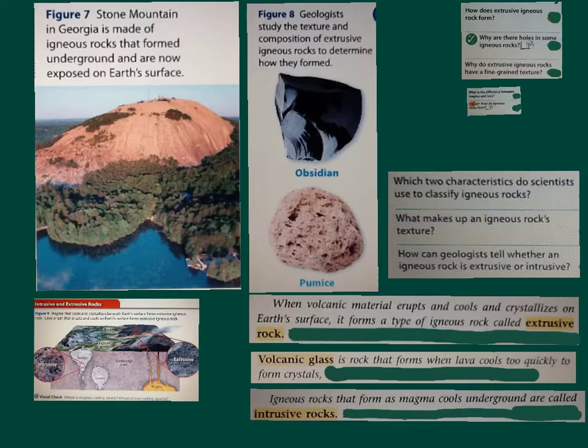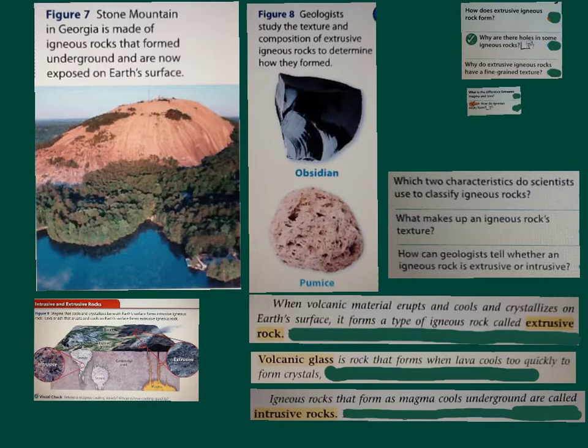Igneous rock identification. As you read in Lesson 1, two characteristics can help to identify all rocks: texture and composition. Geologists identify an igneous rock using the arrangement and size of mineral crystals in the rock. Chemical composition can also be used for igneous rock identification. Texture: geologists determine whether an igneous rock is extrusive or intrusive by studying the rock's texture.